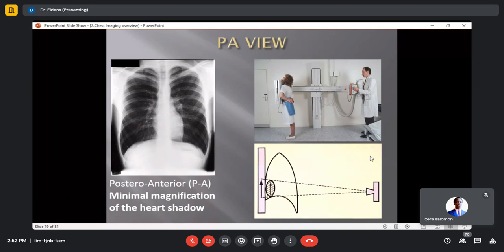So look here on this slide, we want to show how the posterior view is taken. Can you see this patient here? Can you see the positioning of the arms? The arm positioning helps to remove the scapula from the lung field.